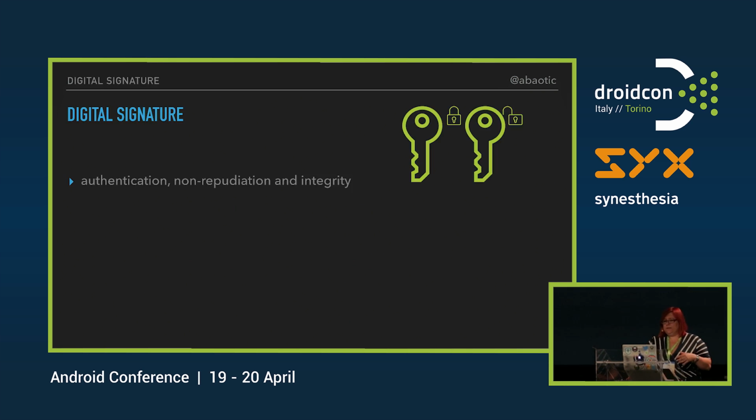So, digital signatures are basically some kind of mathematical scheme that is used to demonstrate three things. Authentication, to see whether or not the sender is known, you as a developer, if it's really you or somebody else who is impersonating you. Whether or not you really sent that update.